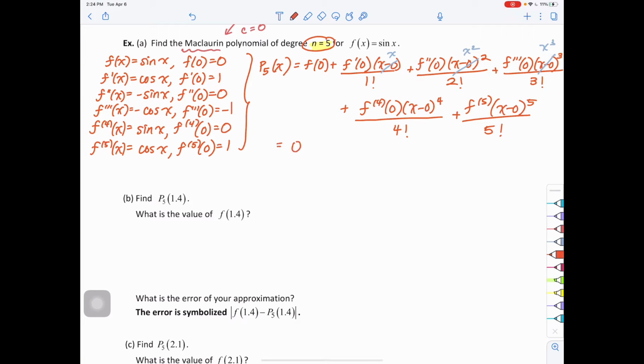F of 0 is 0 plus 1 times x plus 0 times x squared.